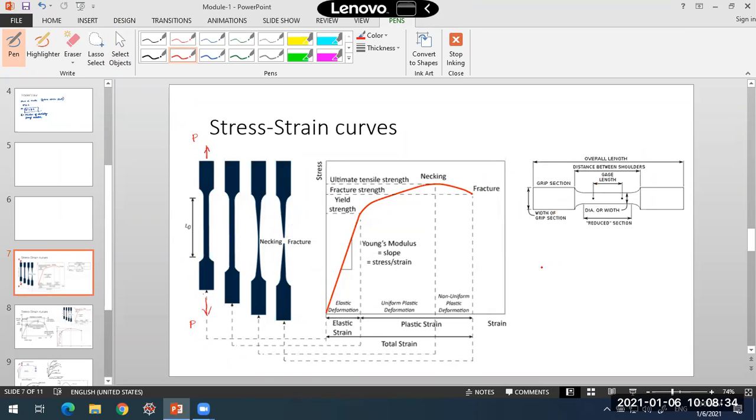We can have that load and deformation chart, and we'll be able to measure the load and deformation here. Further, with the load and deformation, knowing the cross section of this specimen, I can determine the stress as well as the strain.